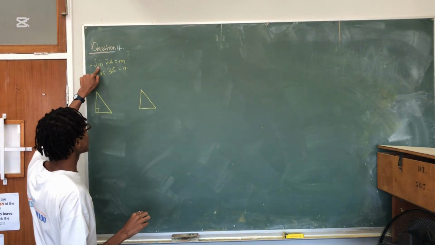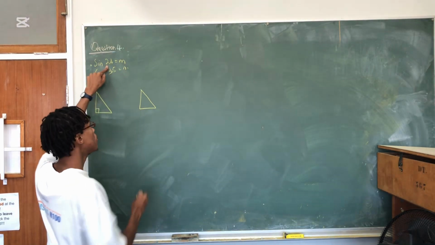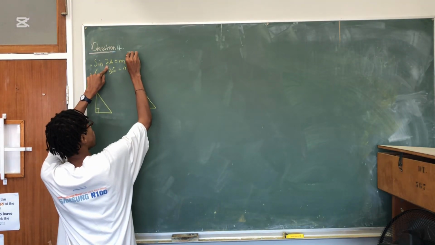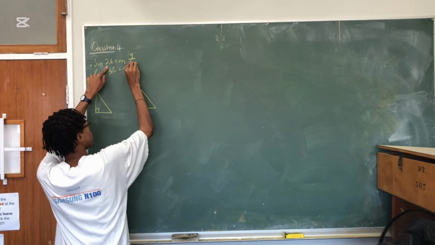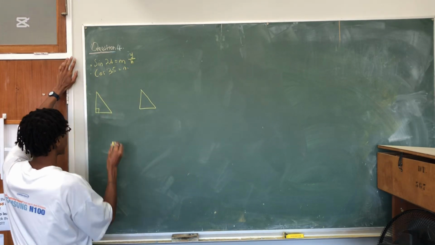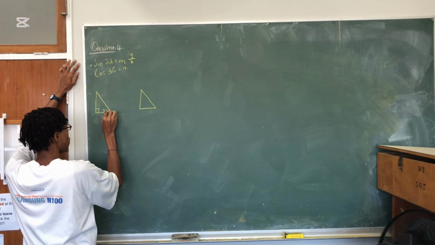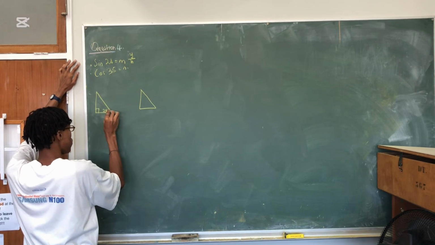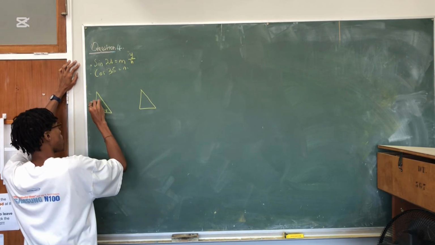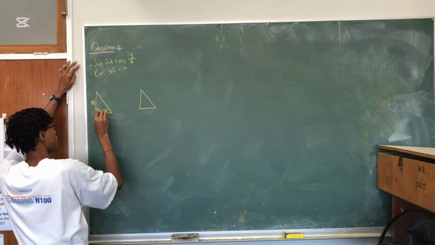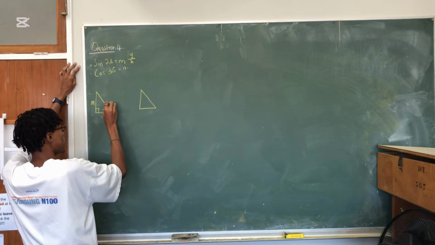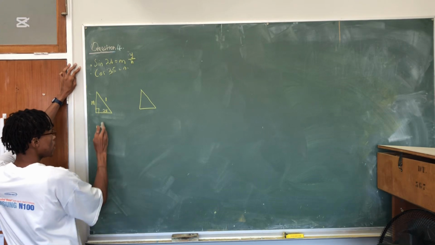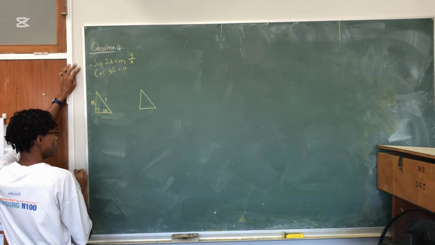We know that sine 24, sine is made of y over the hypotenuse. This is going to be our angle, 24. Our opposite is going to be m. Our hypotenuse is going to be 1. So we need to find this value.